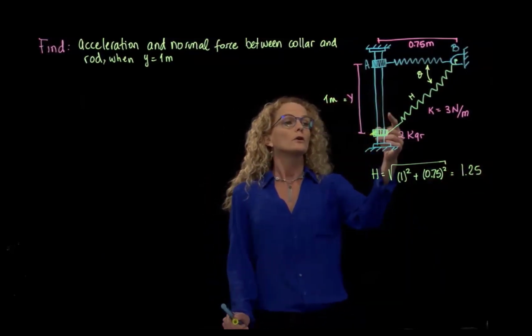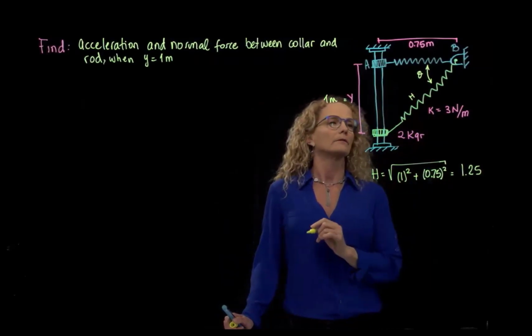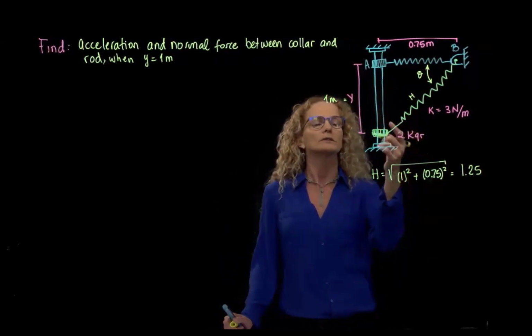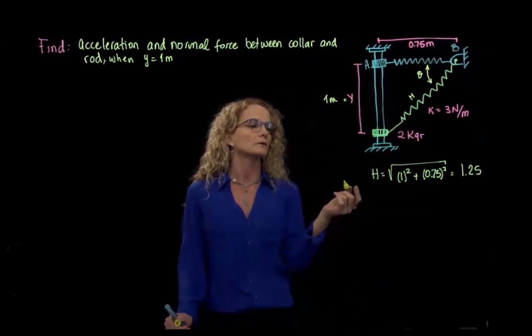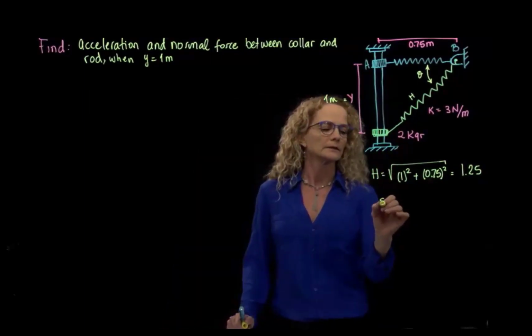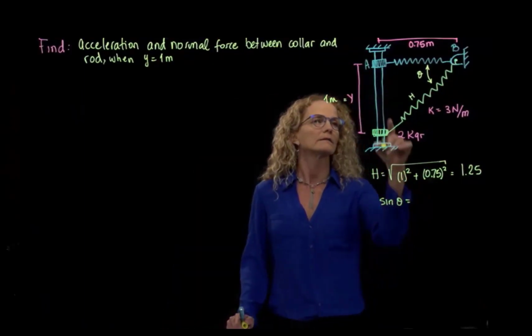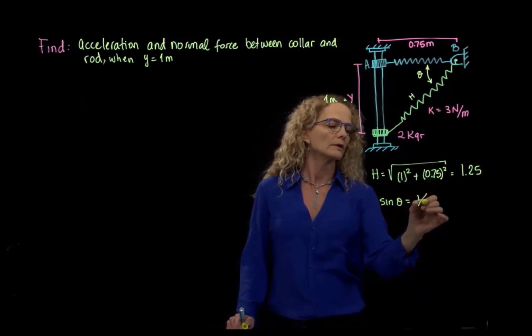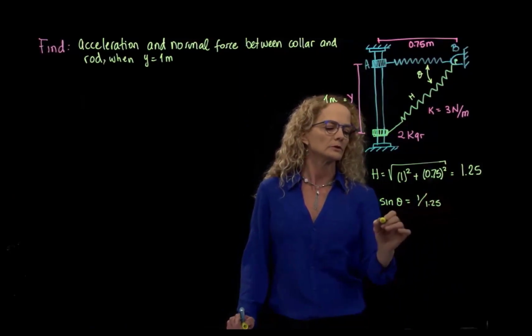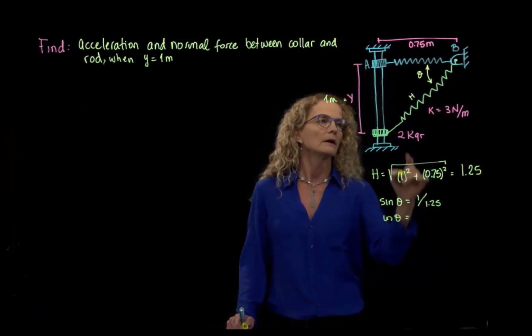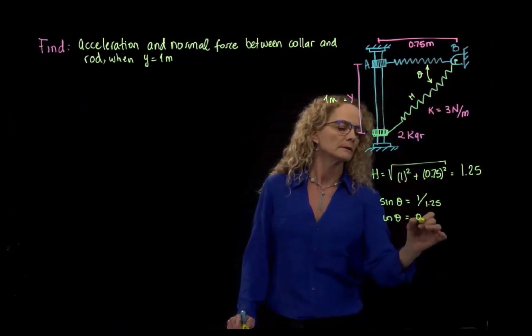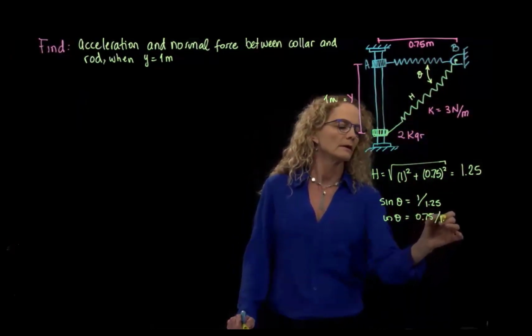So we could, by the inverse tangent, find that angle, or since we are going to need only the sine and cosine, I can define the sine of theta as the opposite over the hypotenuse, right? That's the definition. Or the cosine of theta as the adjacent over the hypotenuse.